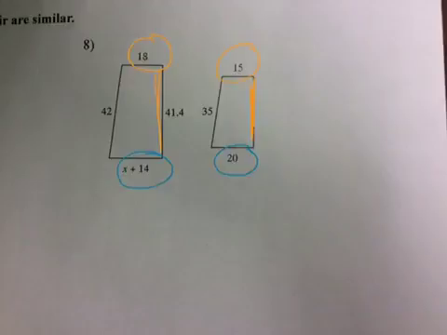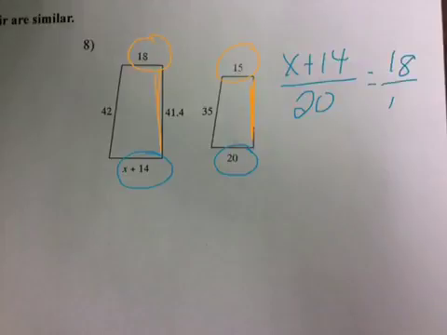All right, so I'm going to go x plus 14 over 20 equals 18 over 15. So just a last reminder to make sure that these top numbers come from the same polygon.